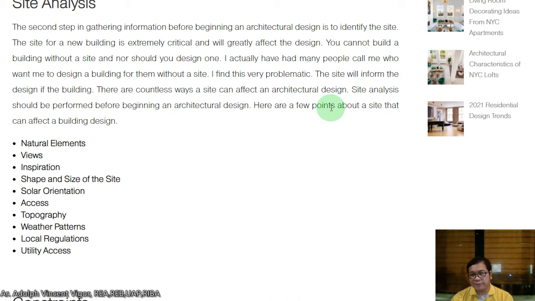Topography is important, class, because you have to make sure that where you will locate your building is a good location. There are certain areas where, if you build there, the construction cost will increase, or you're going to do a lot of damage to nature in that area.